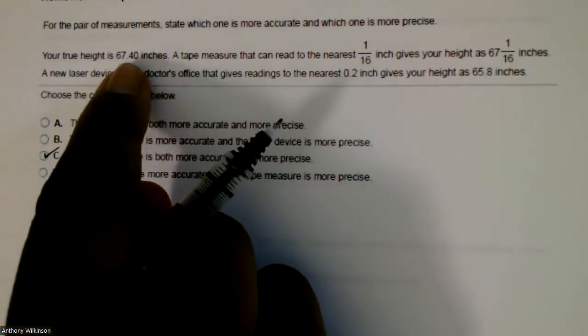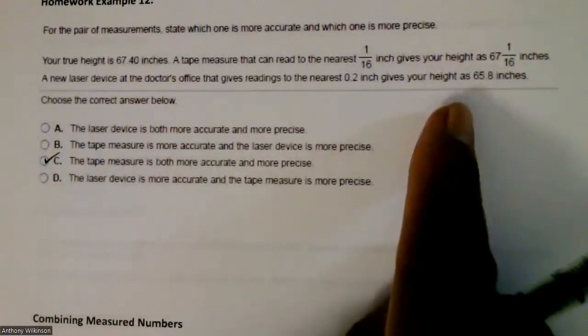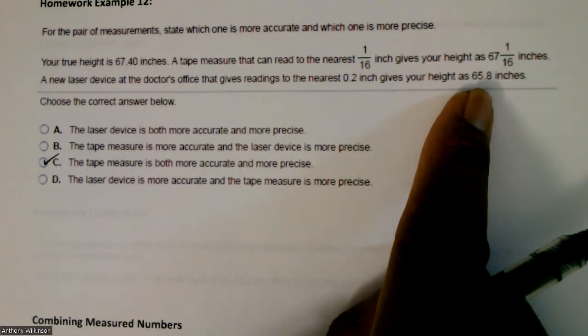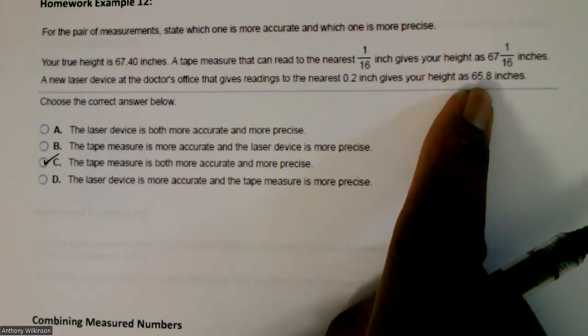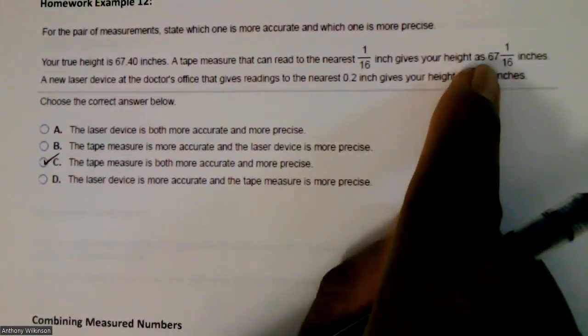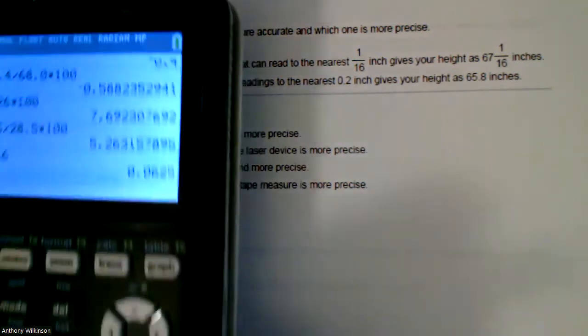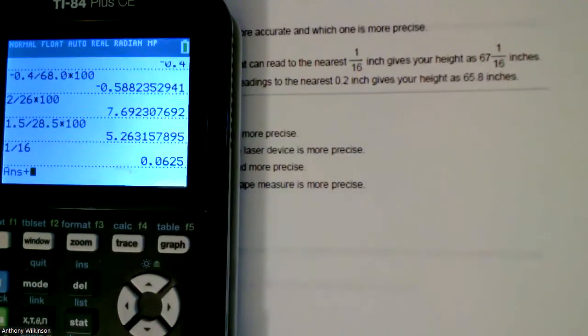More accurate, because the difference between your true height and the height given by that laser device is very large, by about 1.6 inches. The tape measure compared to your true height would be closer to that, because that's like 67, and I'm going to add the plus 0.0625 to that.